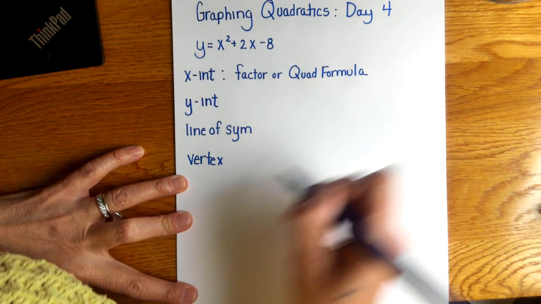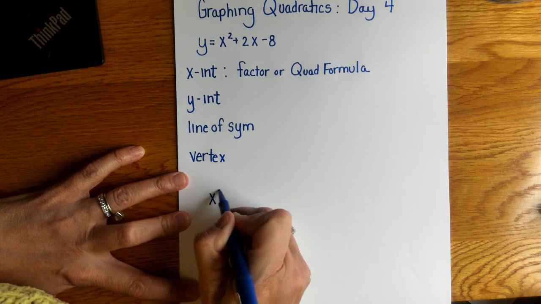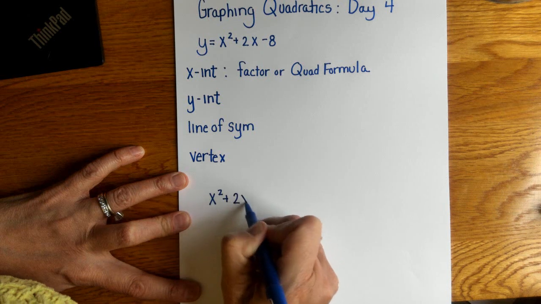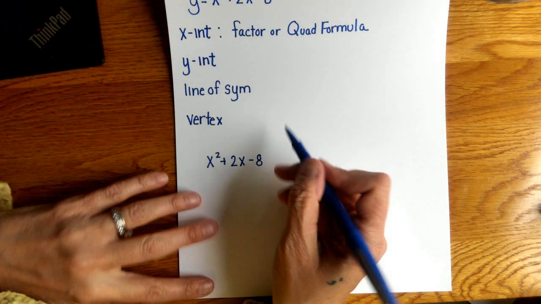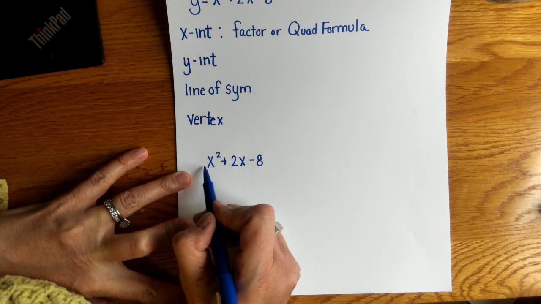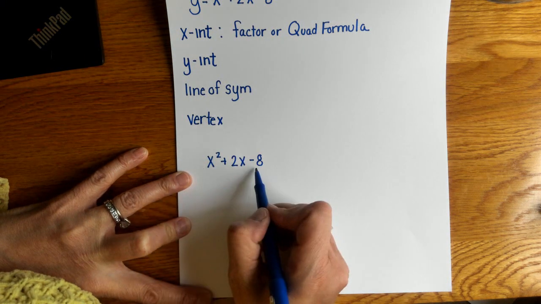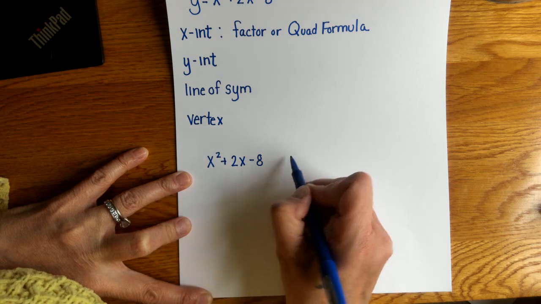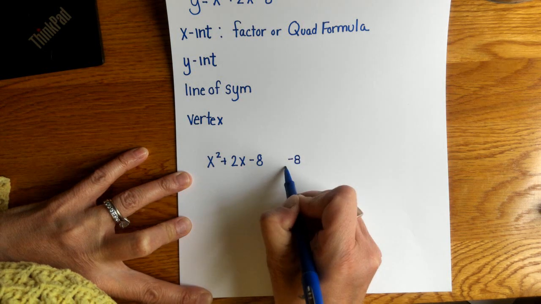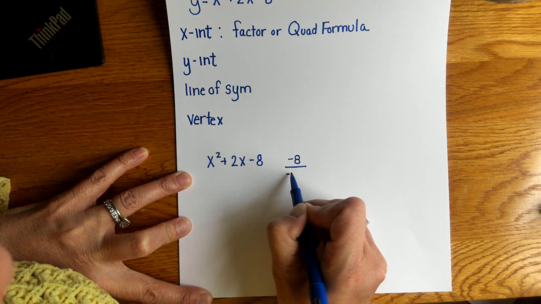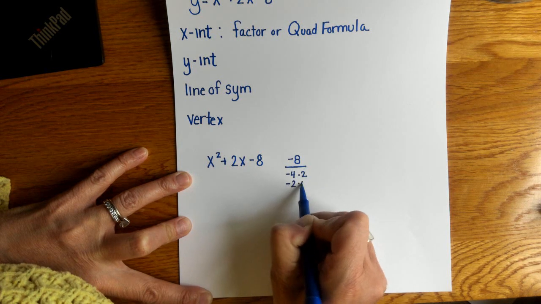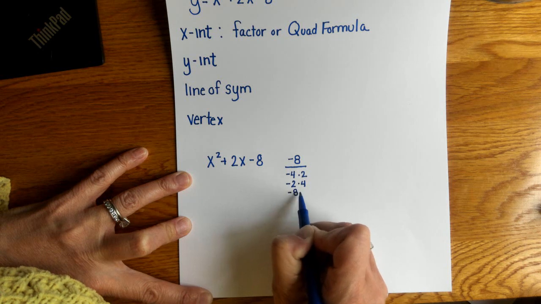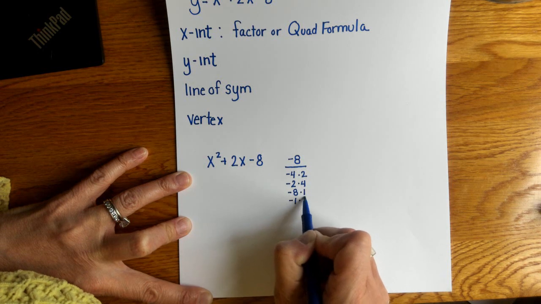I have x squared plus 2x minus 8. It is a quadratic, a equal to 1, so I can see what my constant is, negative 8, and see the factors of negative 8: negative 4, positive 2, negative 2, positive 4, negative 8, 1, negative 1, and 8.